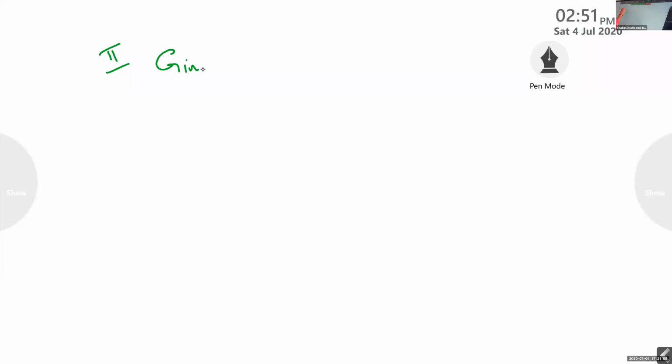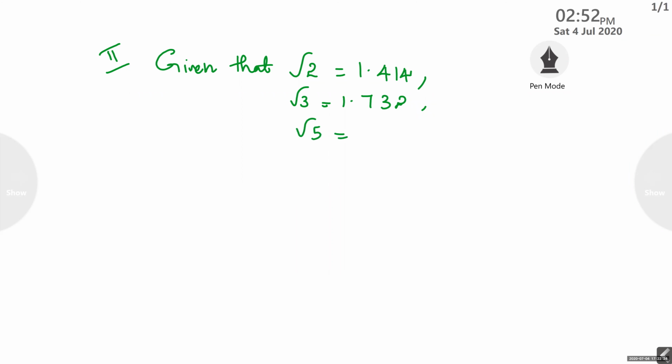Given that root 2 equals 1.414, root 3 equals 1.732, root 5 equals 2.236, root 10 equals 3.162.